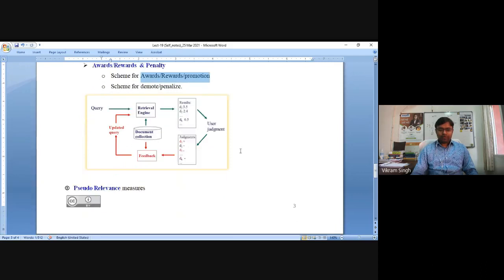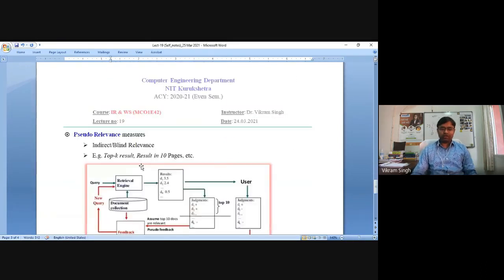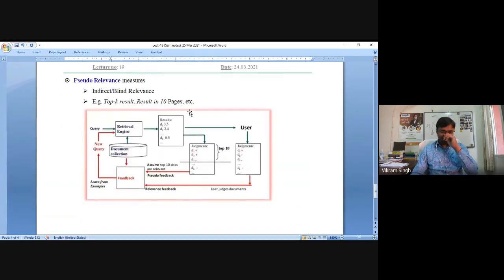Now, moving from this, if you go to the last type of relevance measures, which is called pseudo relevance. Pseudo relevance is the third and the least explored area for search system relevance estimation. If you typically see the process of how pseudo relevance is estimated, you can see the query is posted, and after getting the results D1 to D-something, these results will naturally be sent to the users, and the user will be conducting some sort of feedback, which is called explicit.